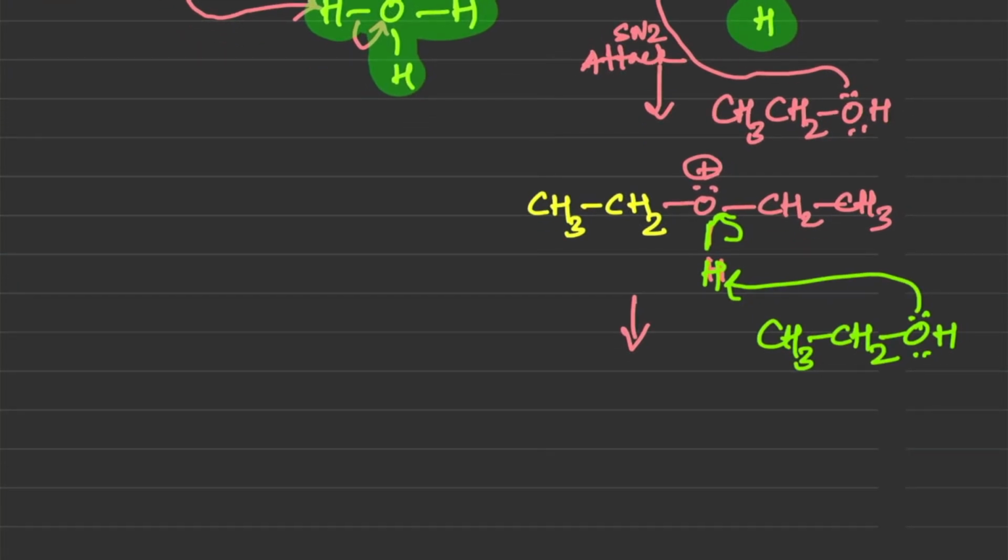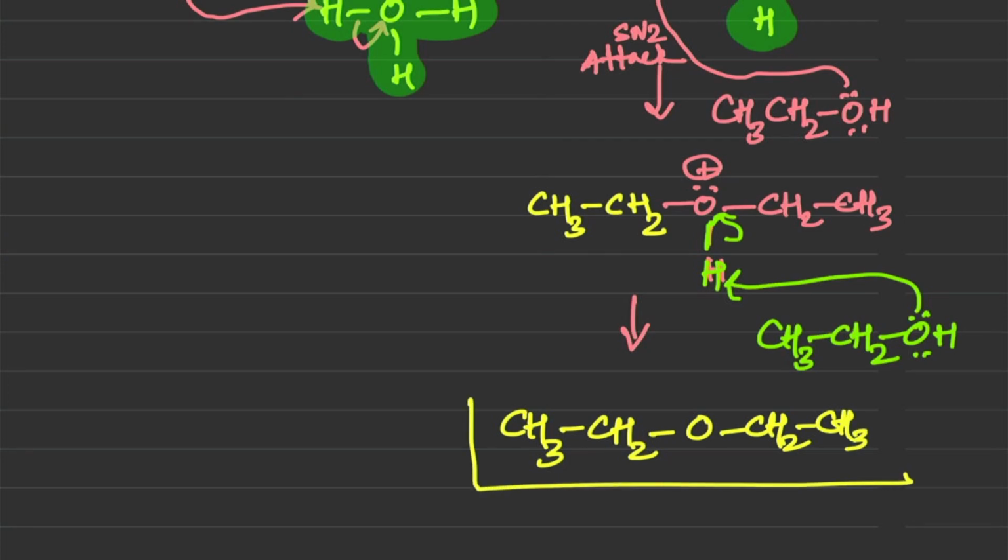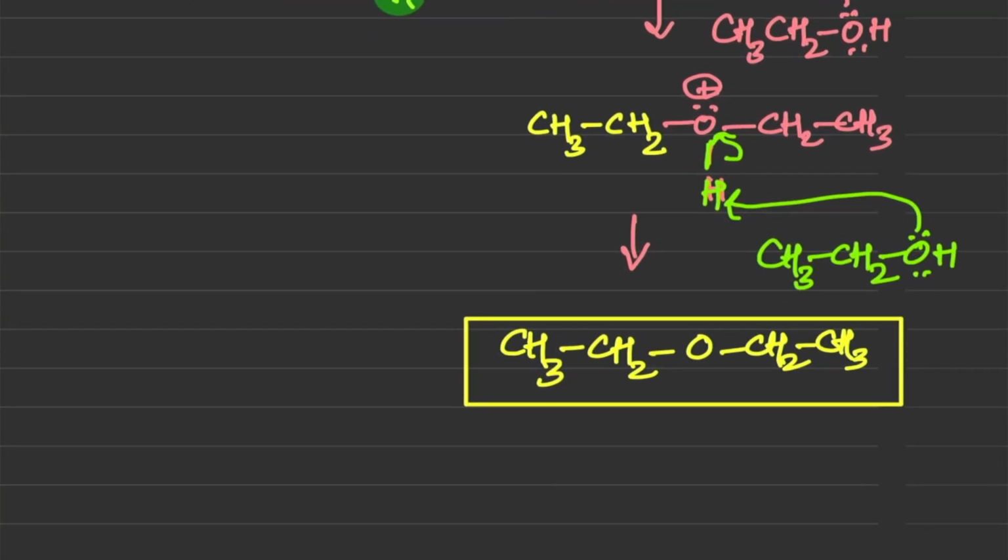If it took out that extra proton, then we have our symmetrical ether. And then the byproduct would be CH3, CH2, OH2 plus.